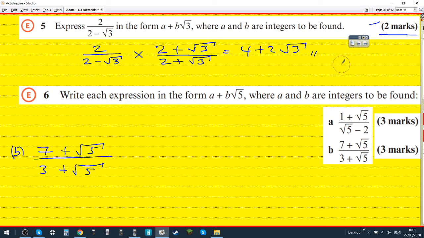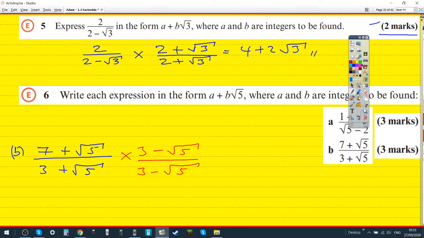So it'd be 3 minus root 5 over 3 minus root 5. Yeah. What would you do next? Put it into the calculator. What would you put into your calculator? 7 plus root 5 over 3 plus root 5 multiplied by.